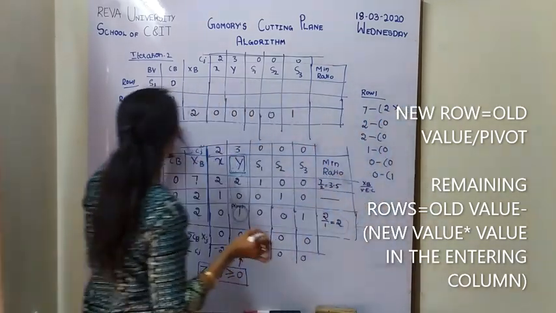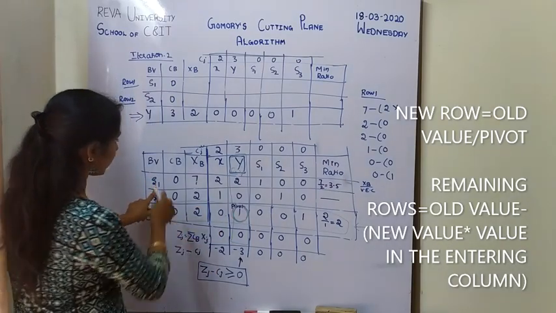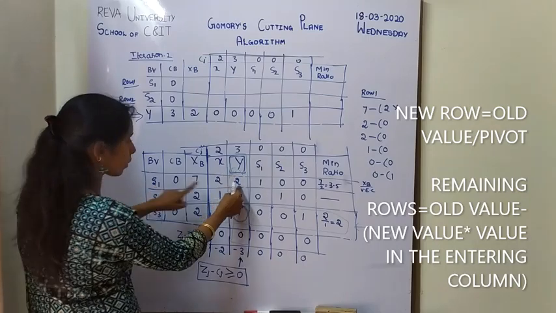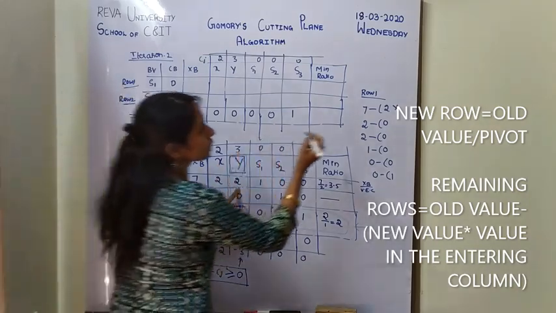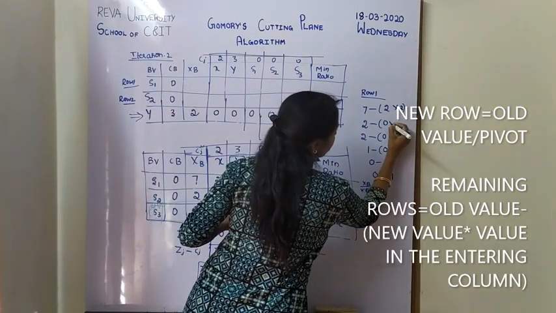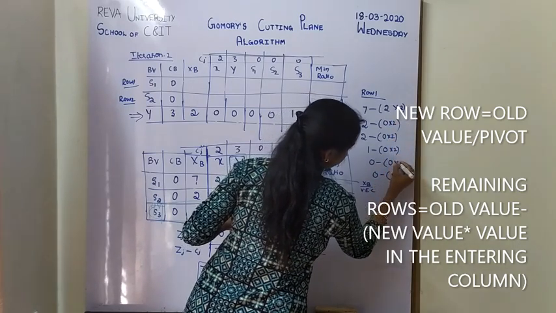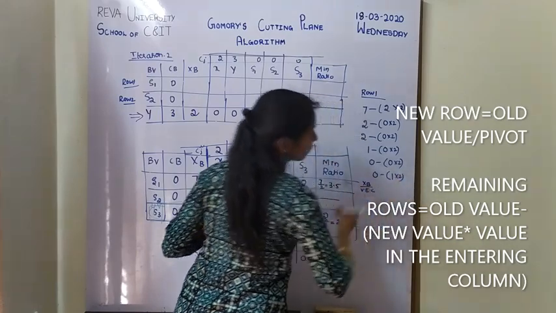Into, for the first row, what is the value in the entering column? The value in the entering column will be 2. So, this you have to multiply: into 2, into 2, into 2, into 2, into 2.